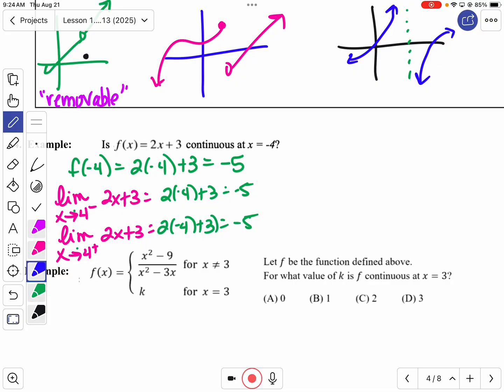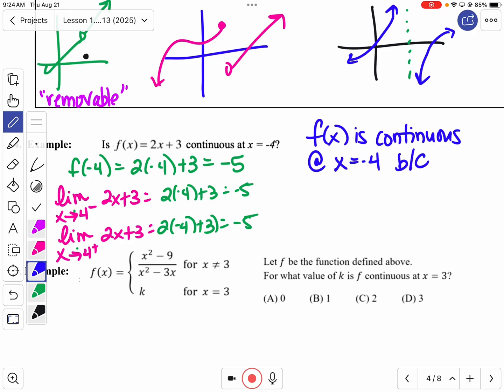So therefore we can say it is continuous, because the limit as x approaches -4 of f of x is equal to f of -4, which is -5. That's your proof statement. AP is really finicky and picky about that. They want to know that you understand all the parts.